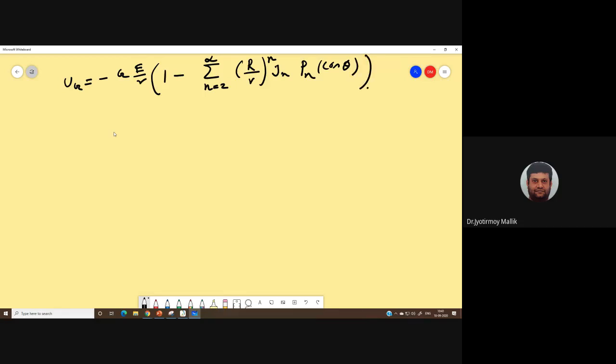Now, I have expressed the Legendre's polynomial in its general form.